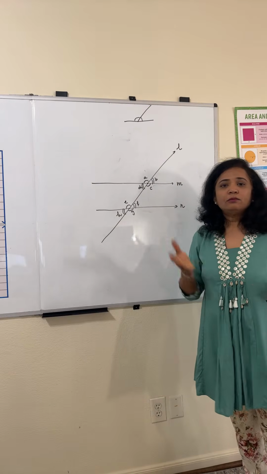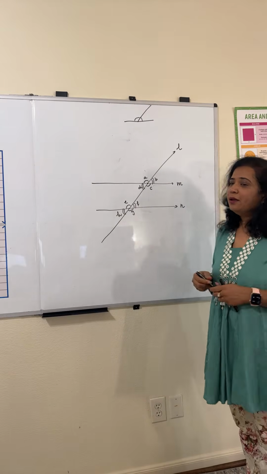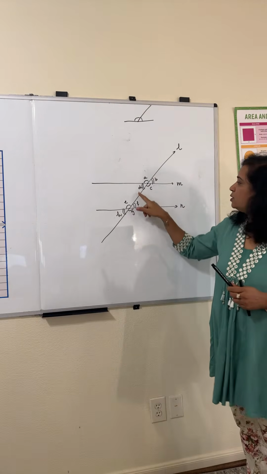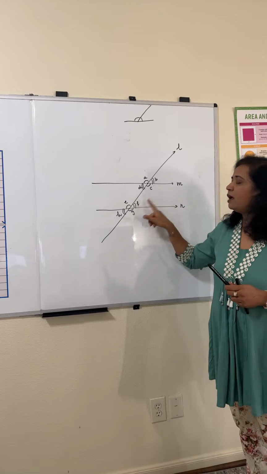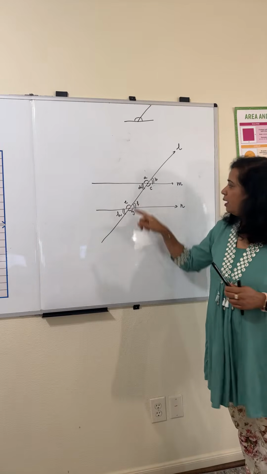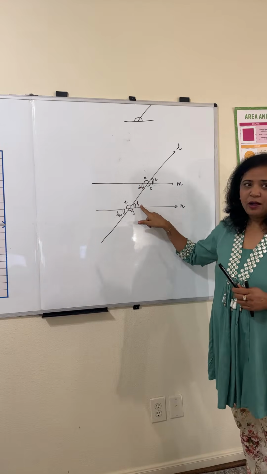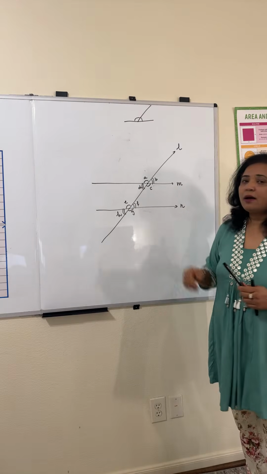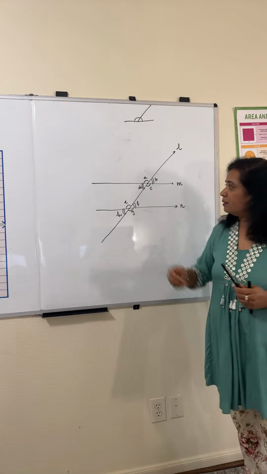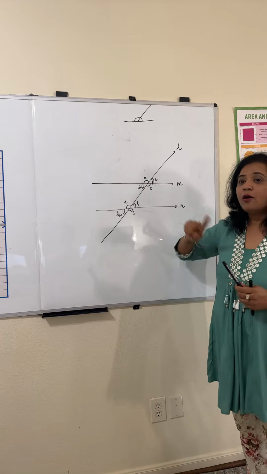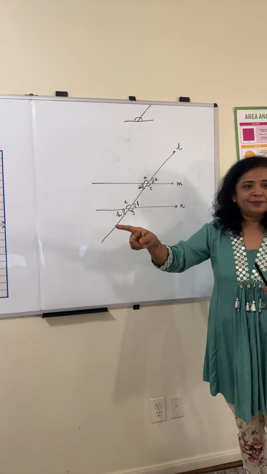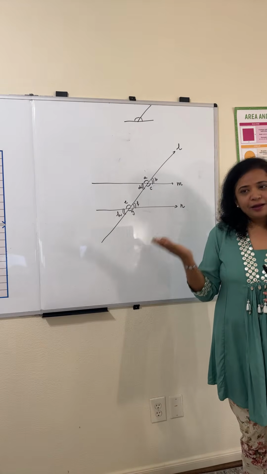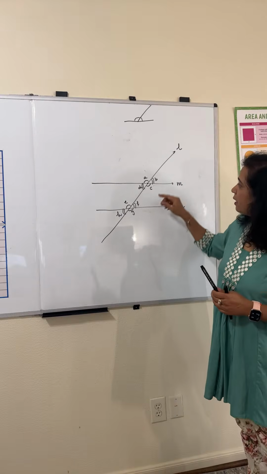Now corresponding angles, right? D, C, E, F are all interior angles, and D and F are opposite interior angles. E and C are opposite interior angles. A and G are opposite exterior angles. B and H are opposite exterior angles.